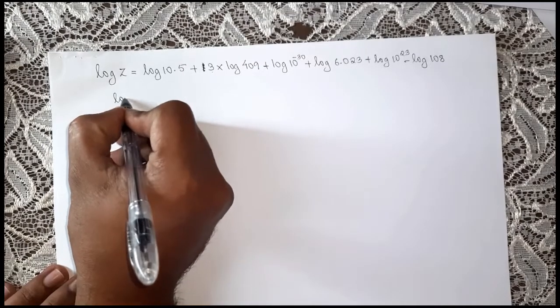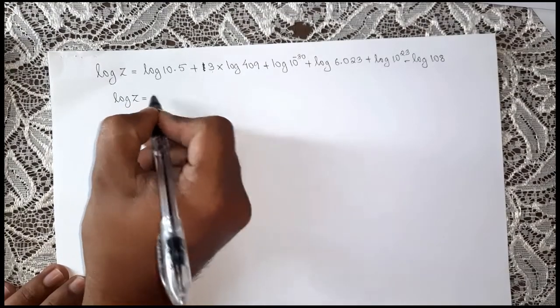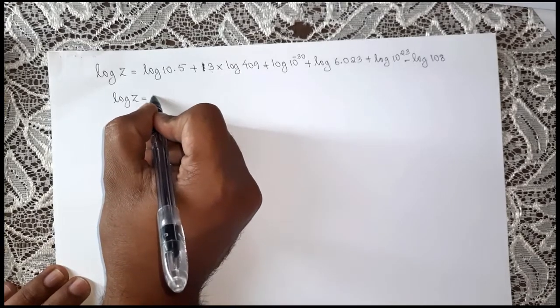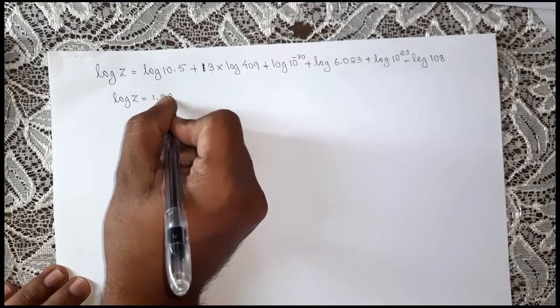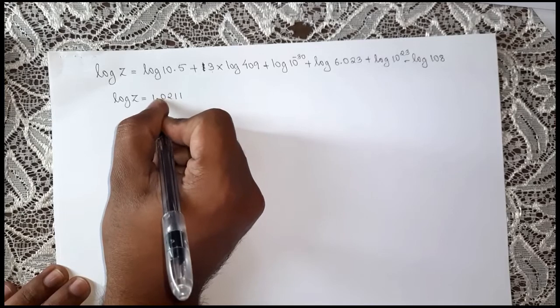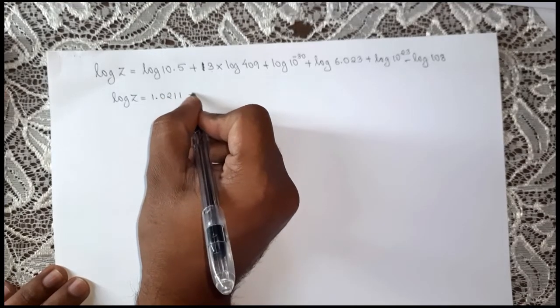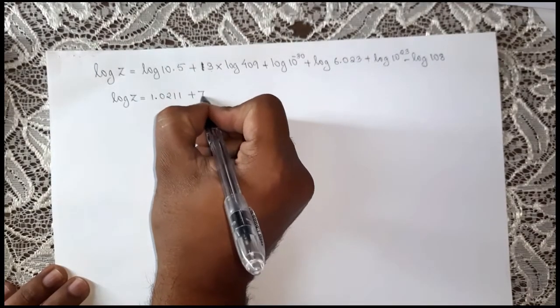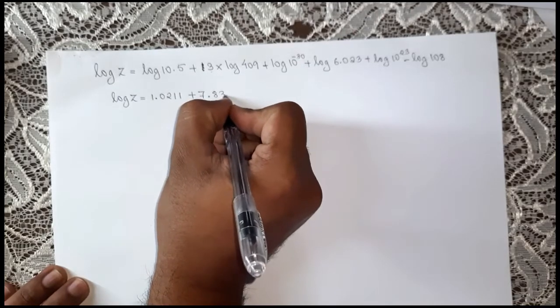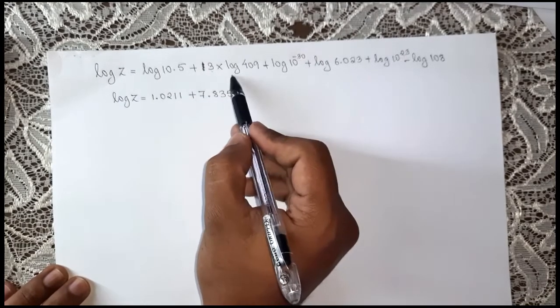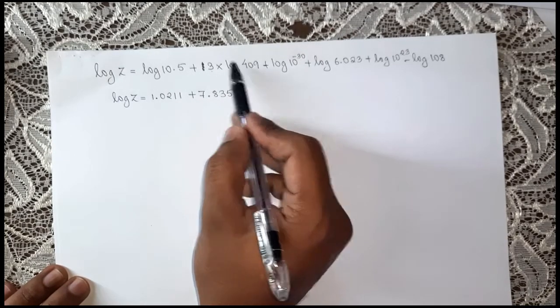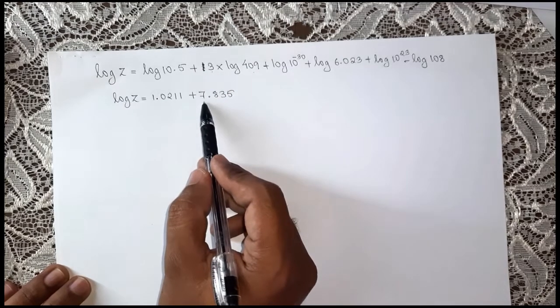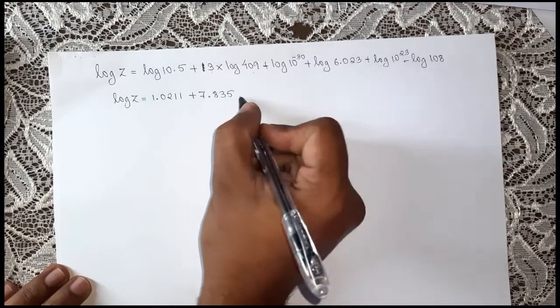Here I will write the values. Log 10.5 is 1.0211, and then 7.835. You take log 409 and multiply that value with 3, you will get 7.835.